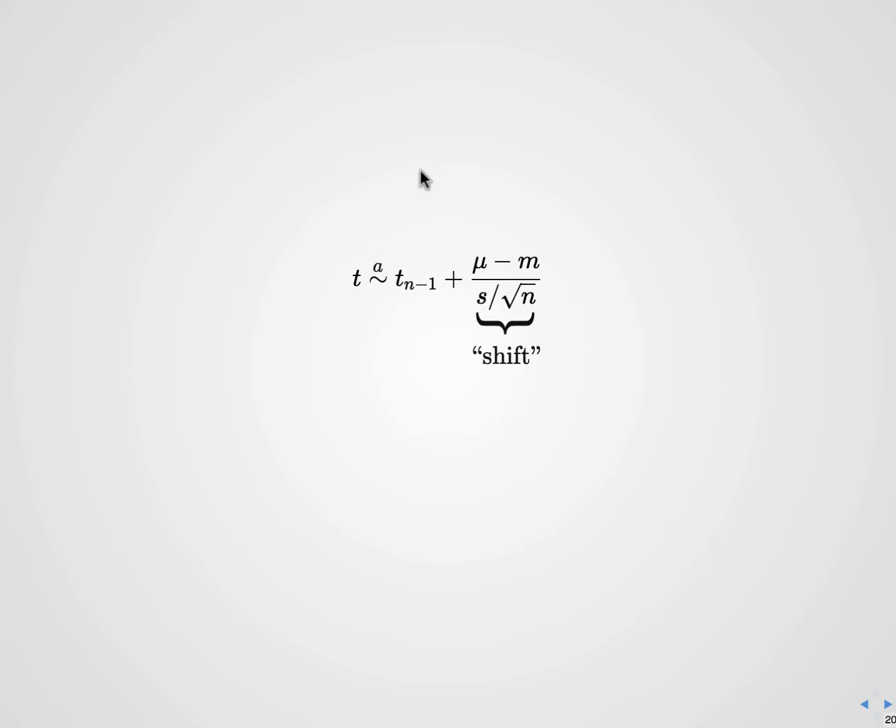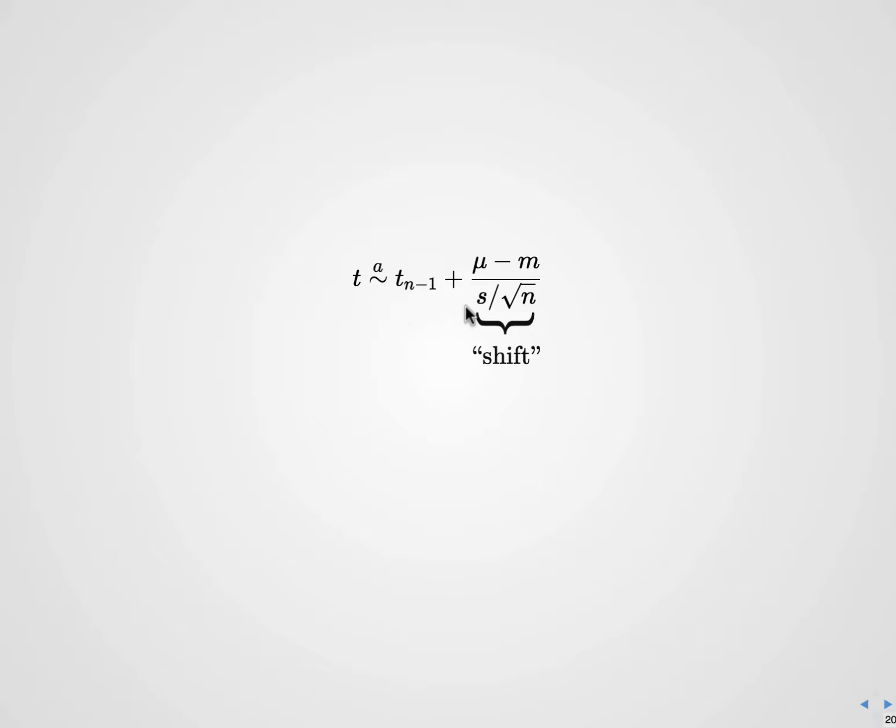All right, so it's all about analysing this formula right here ultimately. Okay, so if this shift is large, then the t-statistic will be a large distance from the t-distribution, and that will tend to result in a rejection of the null hypothesis.